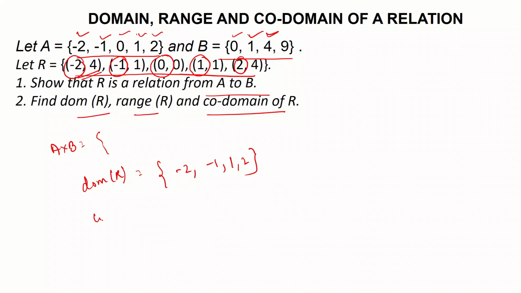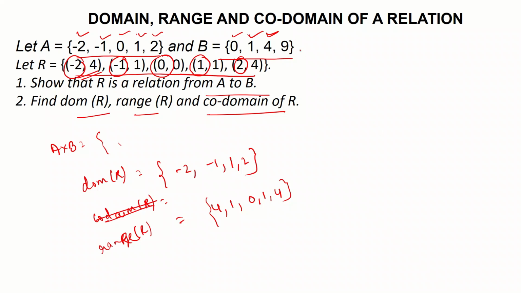Okay, so codomain is, let's first understand range. Range is the right hand side part elements of R. So range of R is 4, 1, 0, 1, 4. This is what range is. So domain is the left hand side parts and range is the right hand side part. So what is codomain?